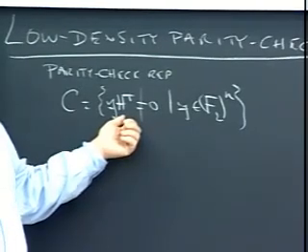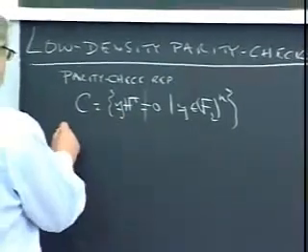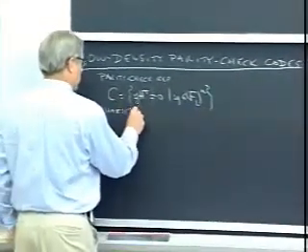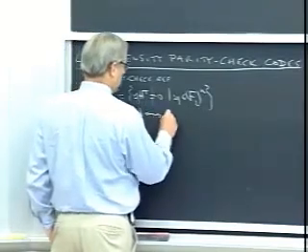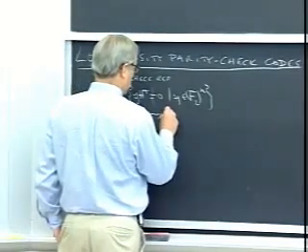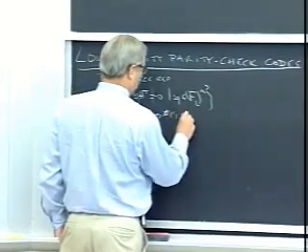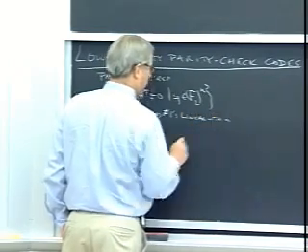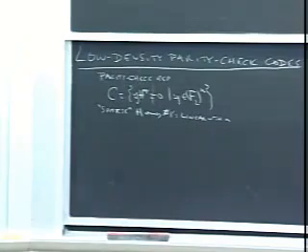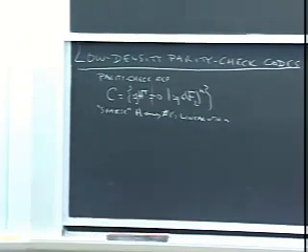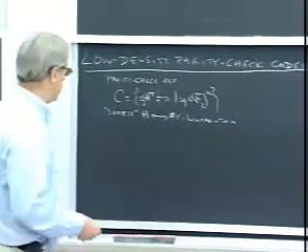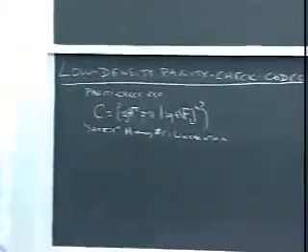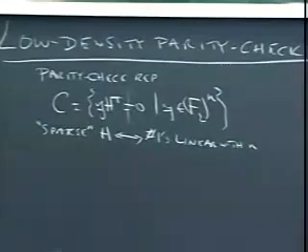So a sparse H means the number of ones is linear with n. And we'll see that implies that the complexity of the graph is linear with n. The ones are going to correspond to the edges in the graph, and we'll have a linear number of edges, also a linear number of nodes, vertices.